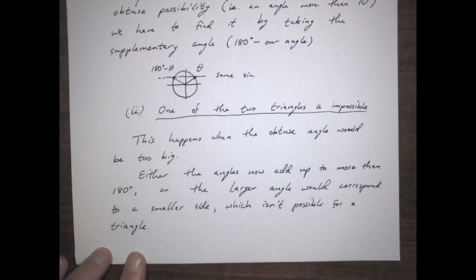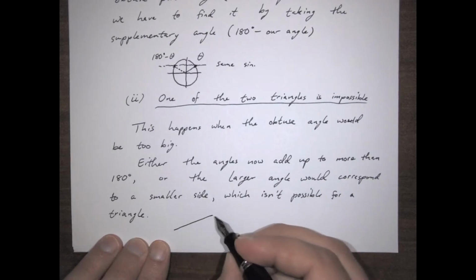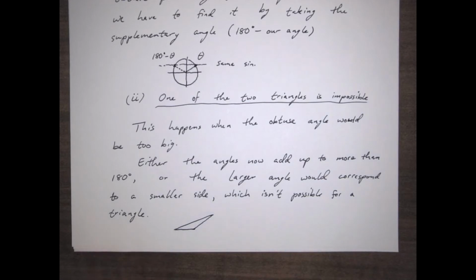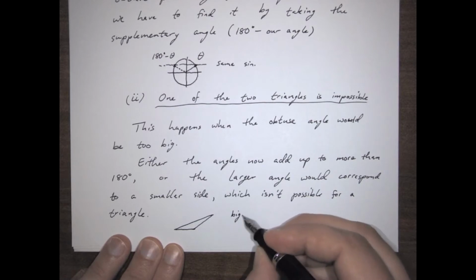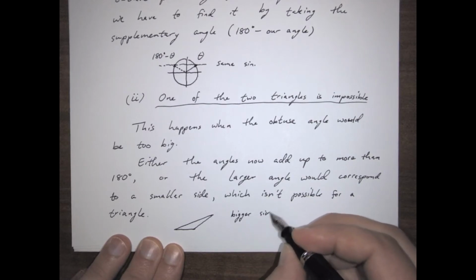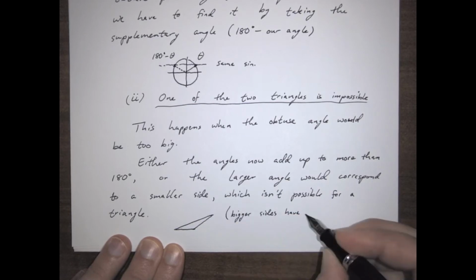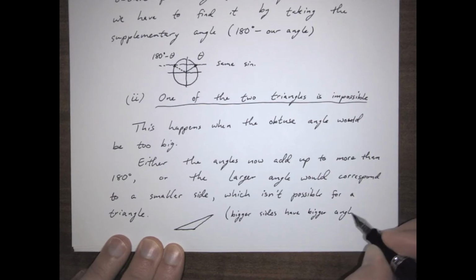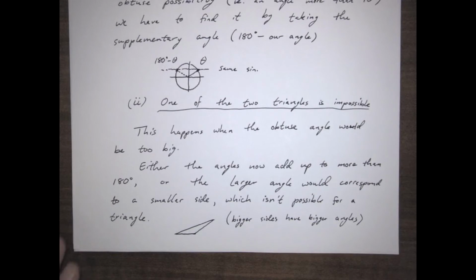For a triangle, if you think about it, the biggest sides always have the biggest angles, and the smallest sides always have the smallest angles. So bigger sides have bigger angles. Any triangle you choose to draw will always satisfy that.